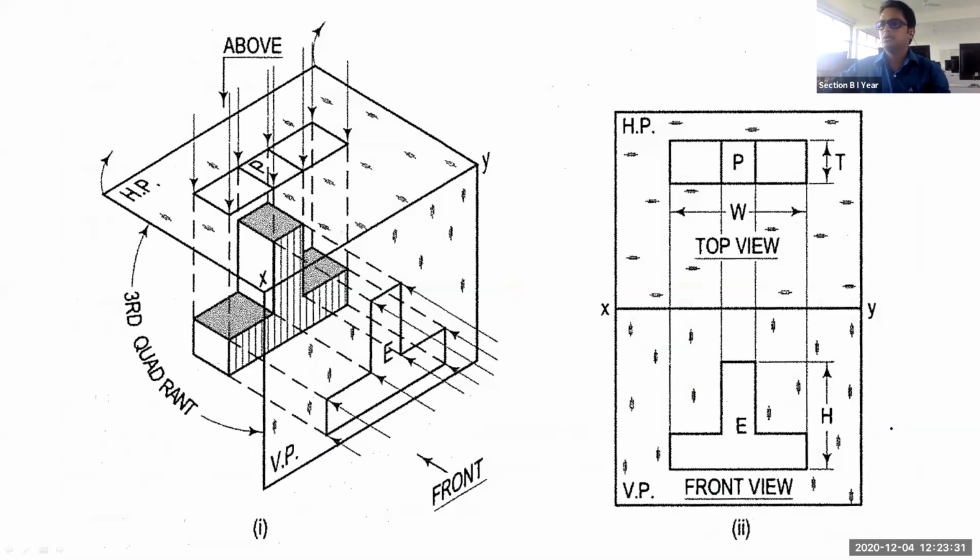Now this is another orientation where the object is kept in third quadrant. Now you think and analyze. Okay, I'm giving you 2 minutes. You think and analyze how these projections are being made. The top view and the front view.